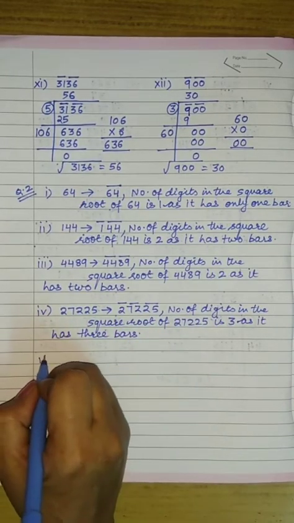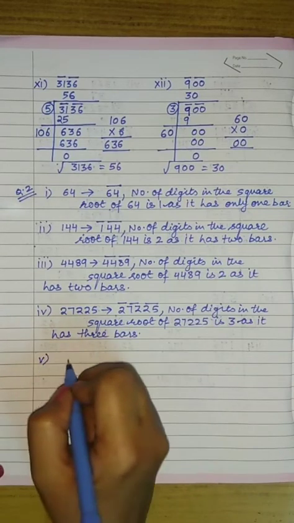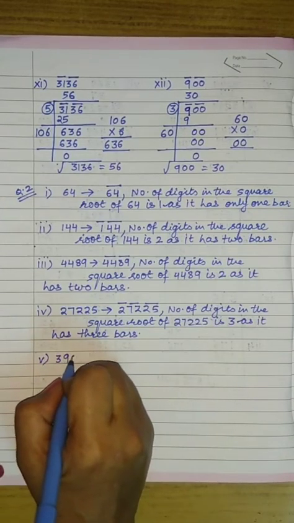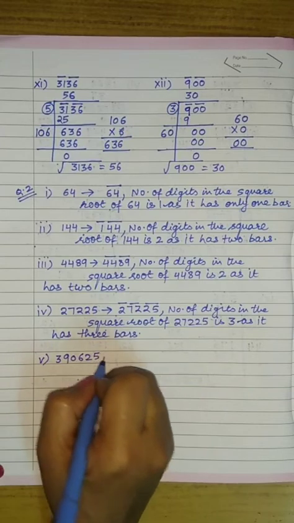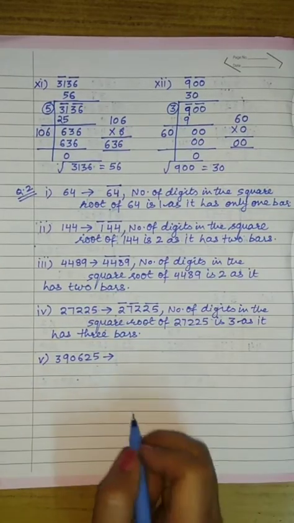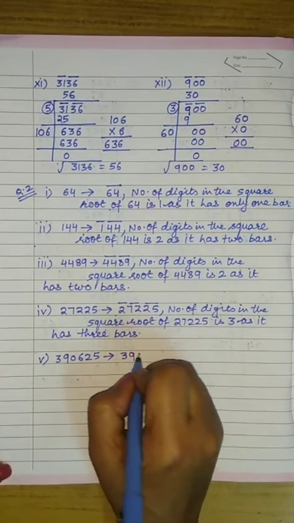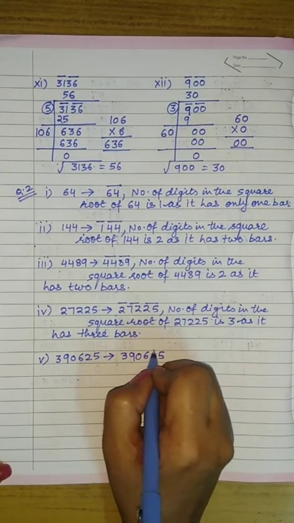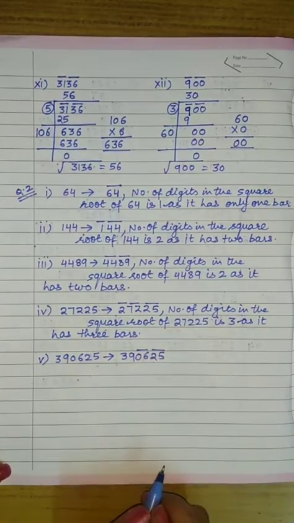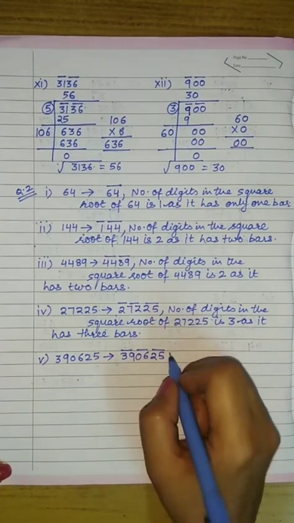Now the fifth part of this question, we have the number 390625. It is a 6-digit number, so it has 3 bars. One is on 25, the second is on 06, and the third is on 39.